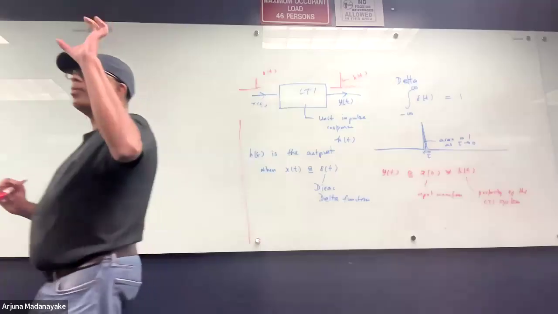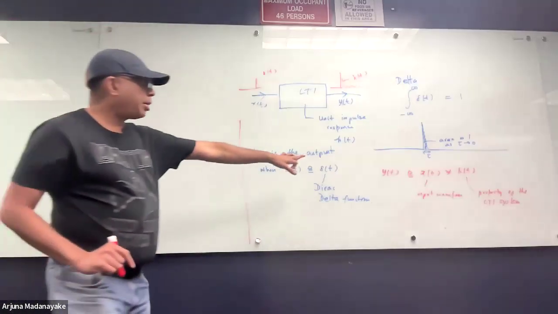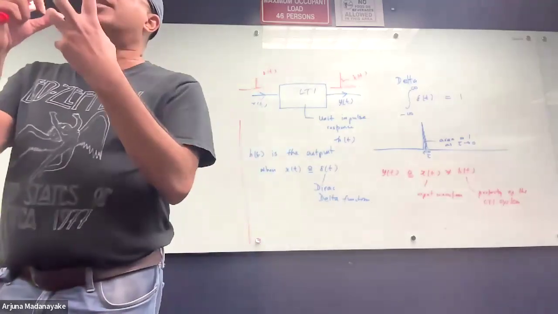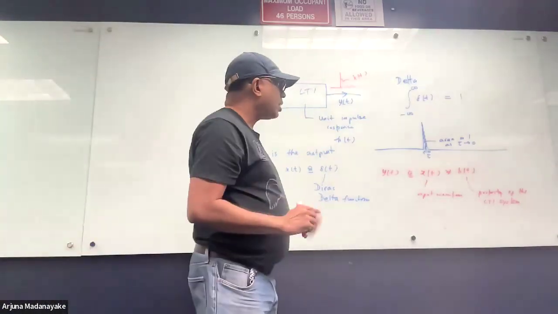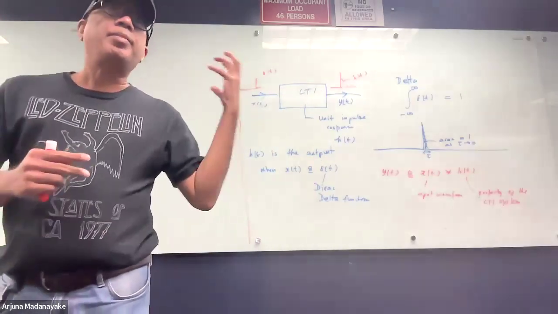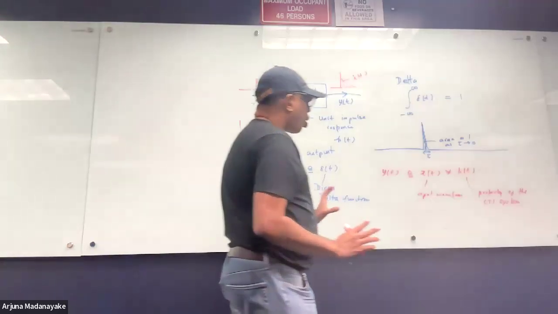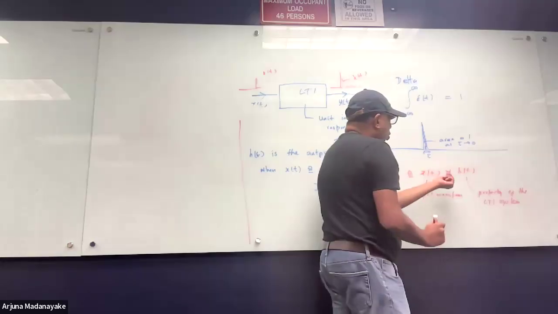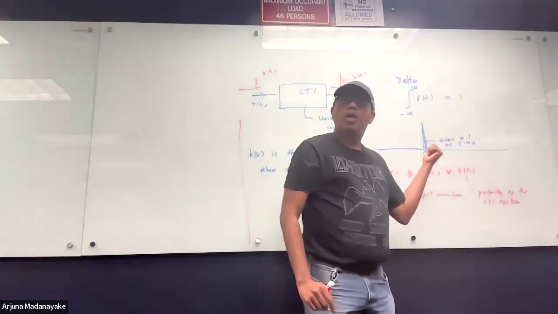So we are connecting properties of the input embedded in the waveform x of t with the properties of the system itself, right? So h of t is a mathematical description of the behavior of the system. You're connecting the behavior of the system with an arbitrary input through this new mathematical operator called convolution.